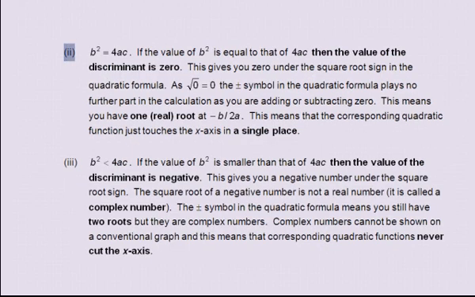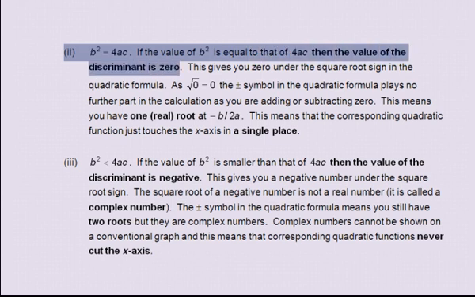2. If b squared equals 4ac. If the value of b squared is equal to that of 4ac, then the value of the discriminant is 0. This gives you 0 under the square root sign in the quadratic formula.